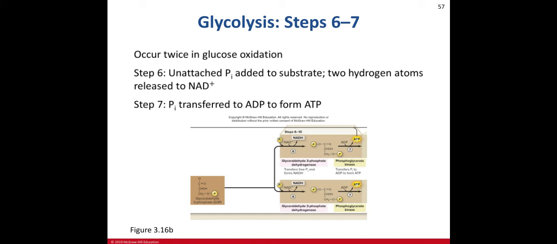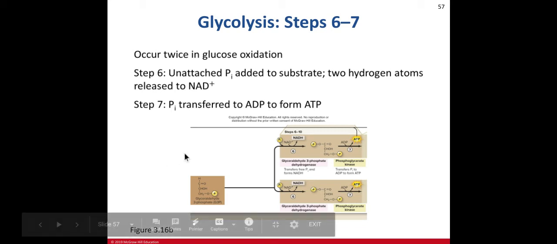Again, at this stage, you don't need to know any of the names of these enzymes that are doing this, but it is maybe helpful to remember kinase, right? Kinase is moving those hydrogens, so it's maybe useful for you to remember that a kinase is involved here.